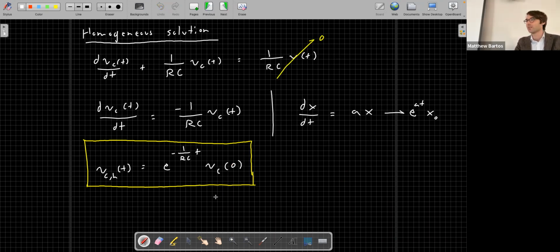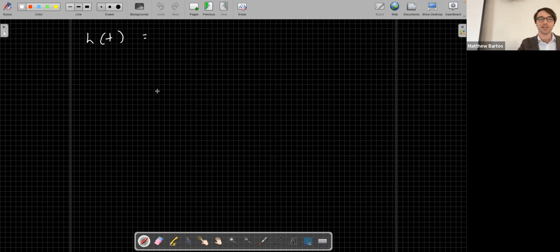What will the expression for our impulse response be if it's equivalent to evaluating the homogeneous solution at Vc(0) equal to 1 over RC? We just substitute 1 over RC into this expression, and that will give us our impulse response. So our h(t) is equal to 1 over RC e to the negative 1 over RC t.